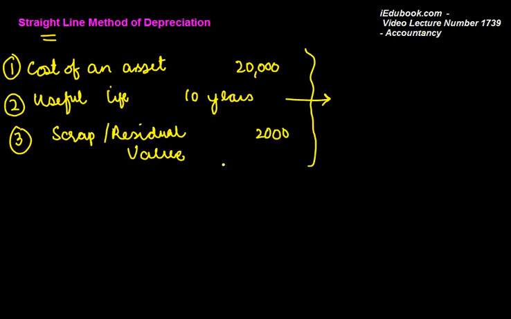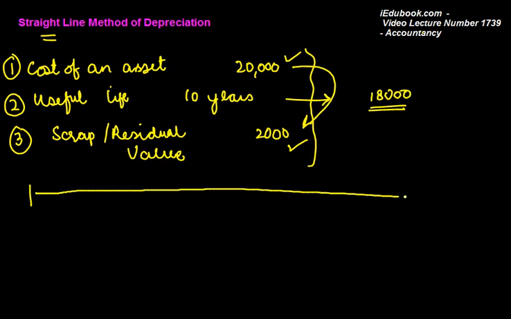Right? So I bought an asset for 20,000. I will get 2,000 for it at the end of the 10th year. So how much is the amount which I actually lose? It is 18,000. I'm not considering the present value of the money, but this is simply 20,000 minus 2,000. In a straight line method, what happens is, let's say the useful life of the asset is 10 years. 1, 2, 3, 4, 5, 6, 7, 8, 9 and 10.